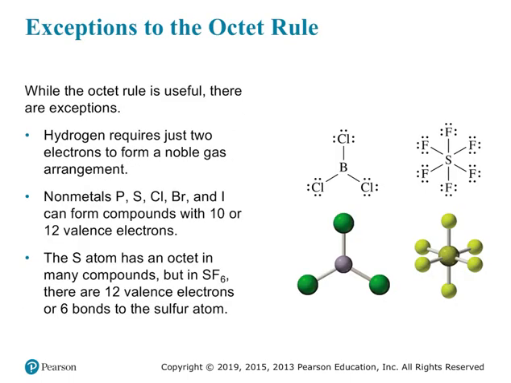Now there are some exceptions to the octet rule, so before we get started on that. So again, hydrogen requires only 2 electrons to be happy because it's trying to be like helium. There are also some nonmetals like phosphorus, sulfur, chlorine, bromine, and iodine that can form what's called an expanded octet. So sulfur, for instance, does form compounds like this one over here, where it's bonded to 6 fluorines.